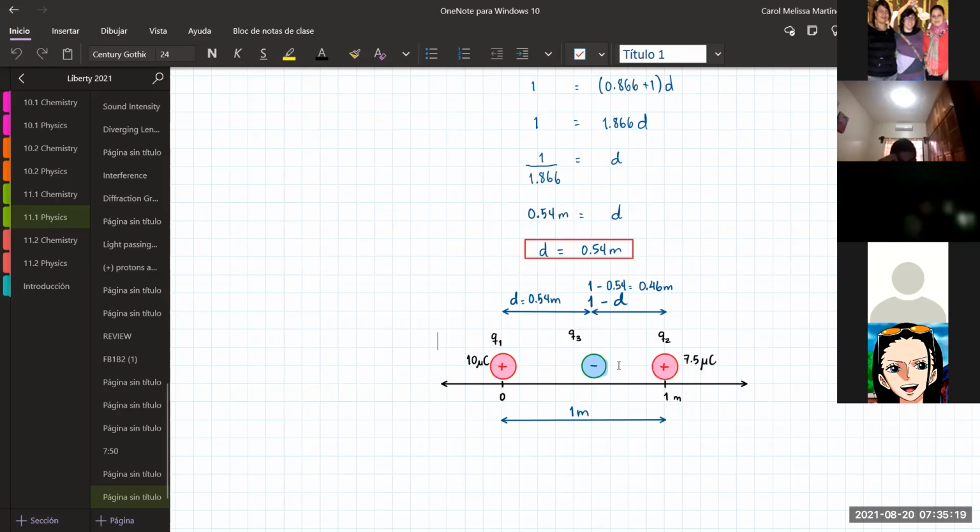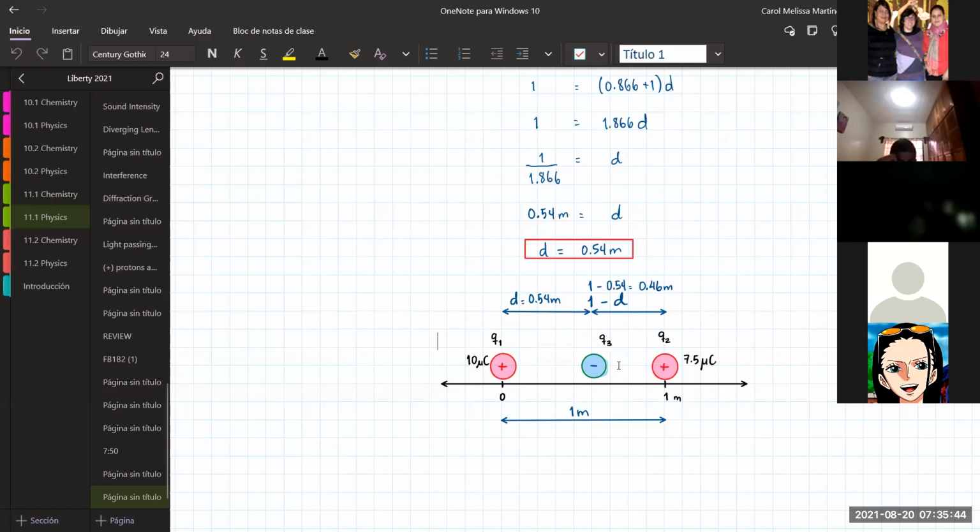This one is 0.54 meters, and 0.54 meters is greater than 0.46 meters. So I want what I see in numbers to make sense in the sketch. Now this distance looks bigger than this one from here, and now I say that it makes sense.